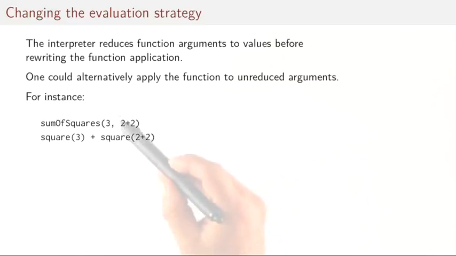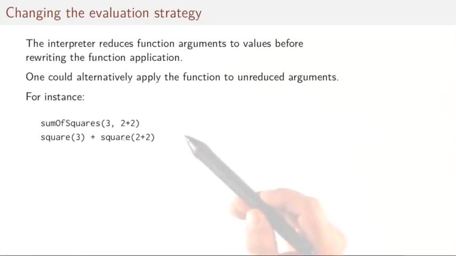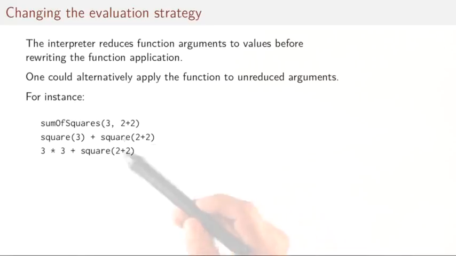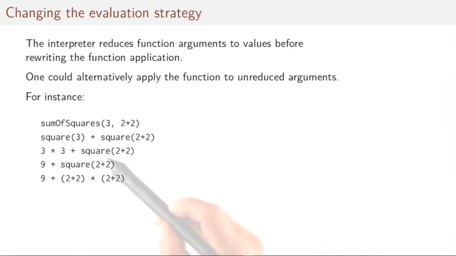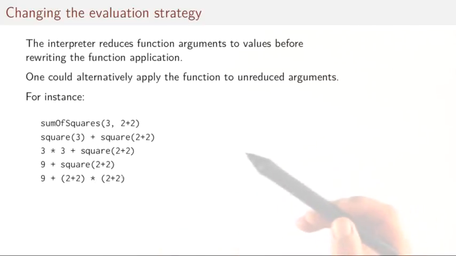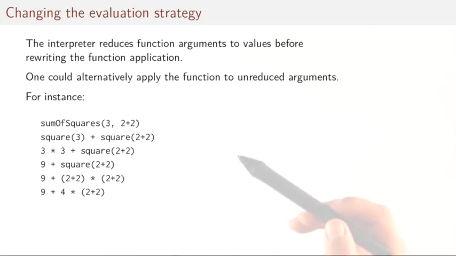We keep the right-hand side, we don't reduce it to 4, and we simply pass it as an expression to the square function. We then simplify the right-hand side as before, and then do the same thing again, pass the expression 2 + 2 to this occurrence of square, that gives 2 + 2 twice in the multiplication. We then simplify it in 2 further steps to arrive at the final result, 25.